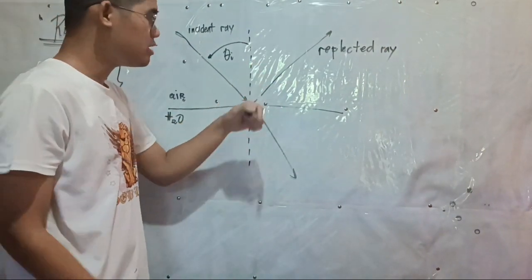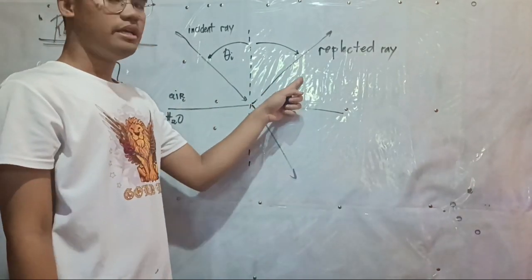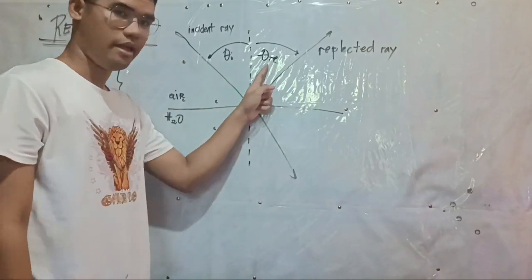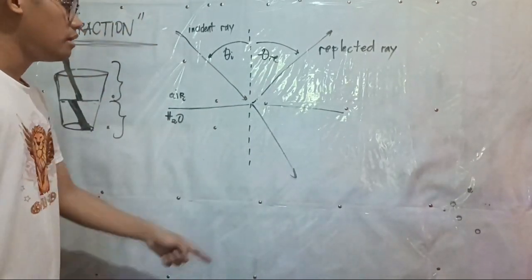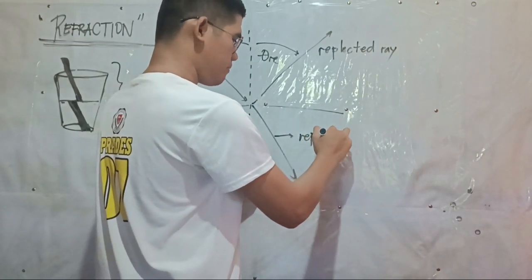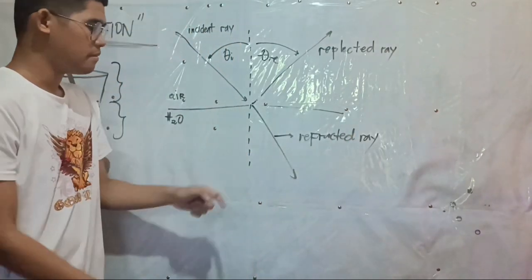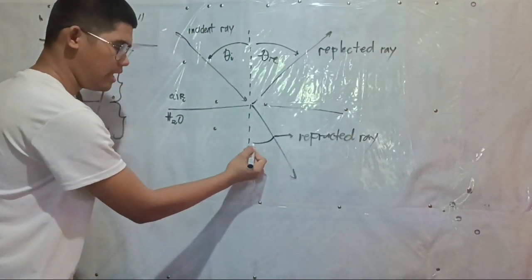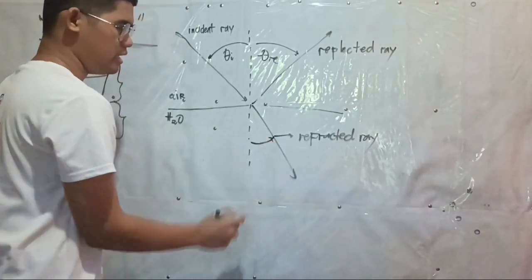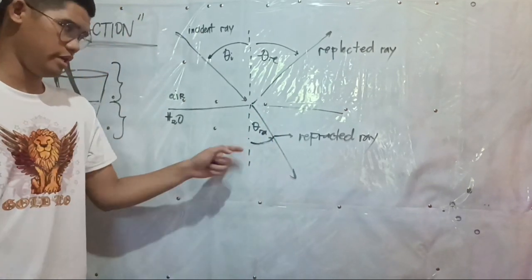The angle between the normal and our reflected ray is called theta R, or theta reflected. This one we call our refracted ray. The angle between the refracted ray and our normal line is called theta refracted, or theta RA.